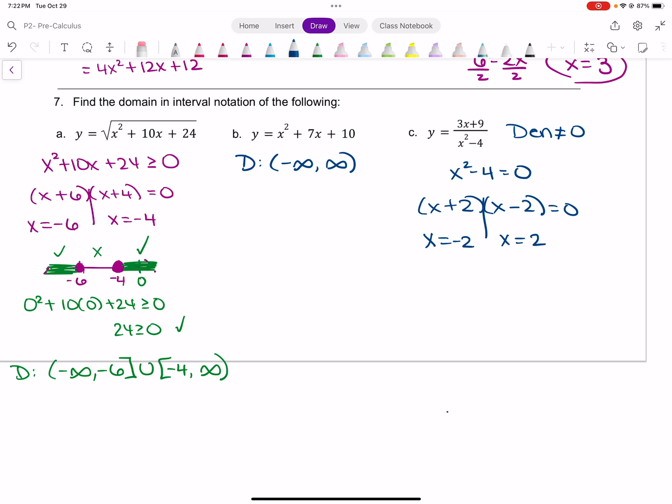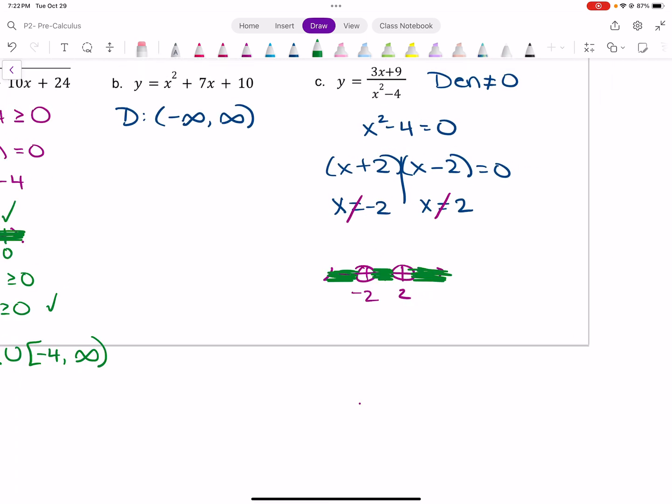These are the numbers that we do not want to equal. So on my number line, those are the numbers that I would be throwing out with open circles. Any other number on your number line works. So when it's just a plain old fraction, the numbers you get for the bottom are just the numbers that you're going to throw out. So now my domain, I have 3 intervals. And here is my super long domain.